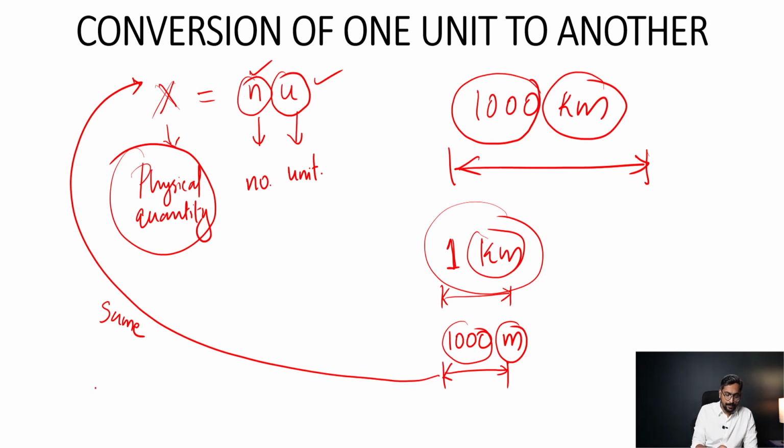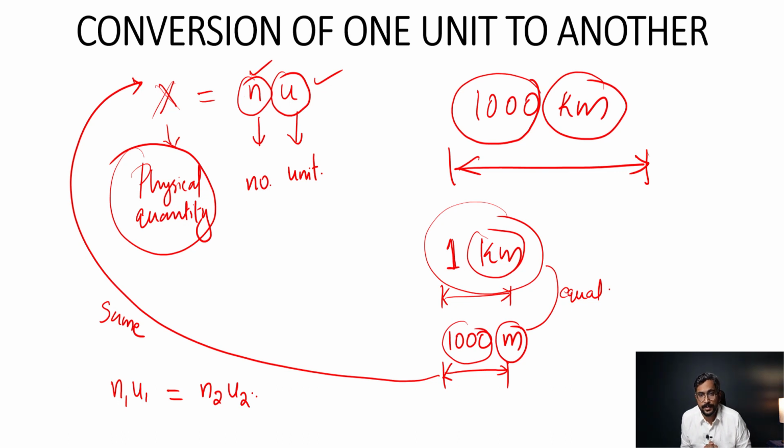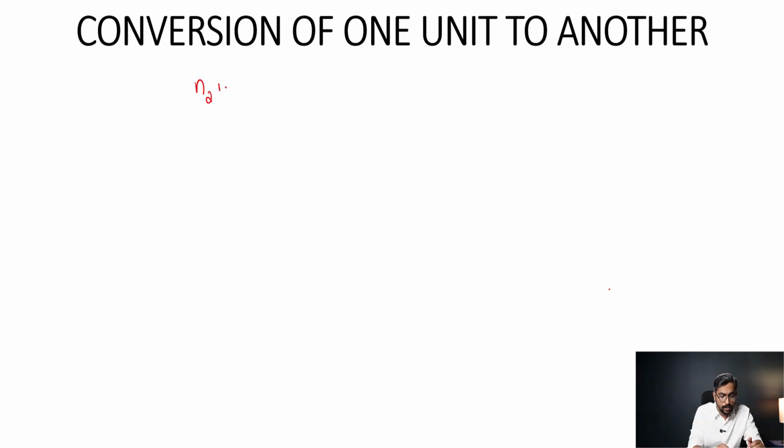If both are equal, then I can say n1 u1 is equal to n2 u2. I hope that you got the point. Or simply n2 u2 is equal to n1 u1.